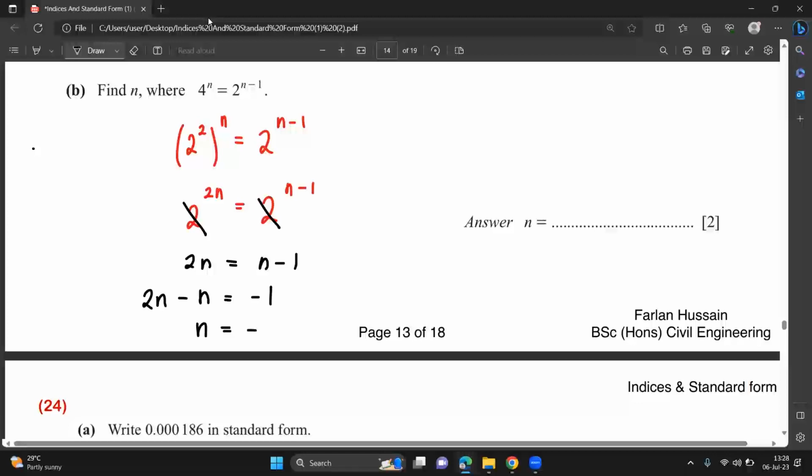N equals minus 1. Who got this? Very good. Try question 26.